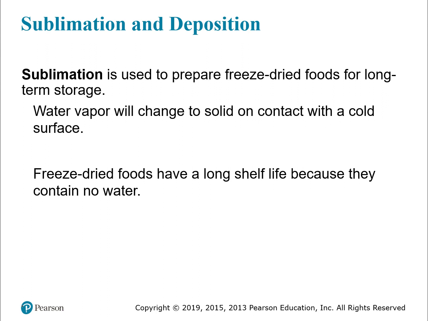We're not going to do calculations for sublimation and deposition, but just know that sublimation is actually used to prepare freeze-dried foods. The water vapor changes to a solid on contact with a super cold surface. Freeze-dried foods have a long shelf life because they don't have any water.